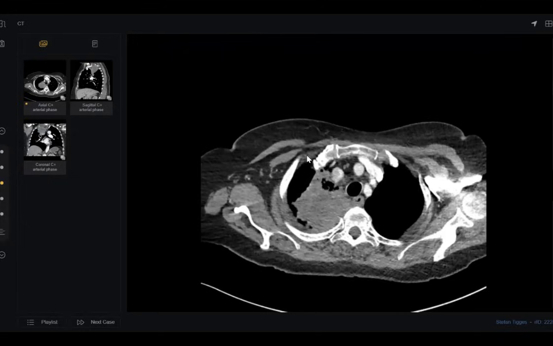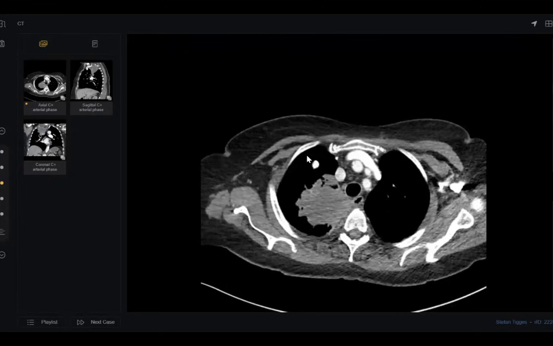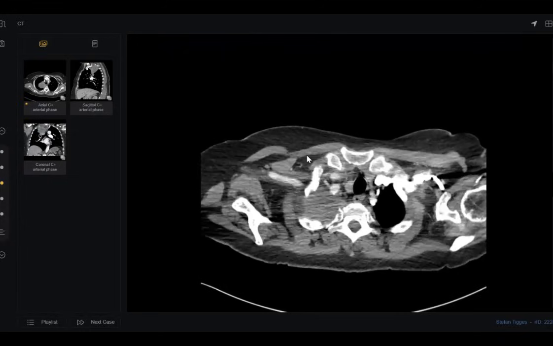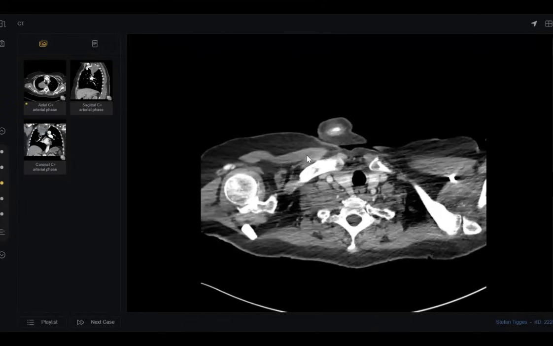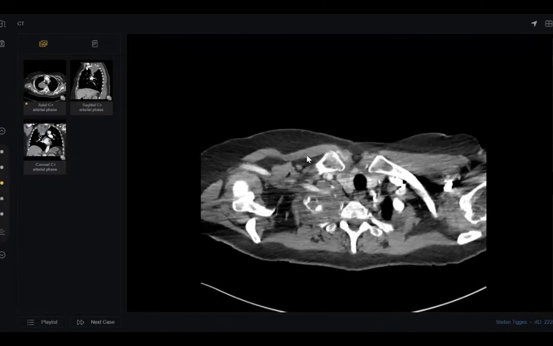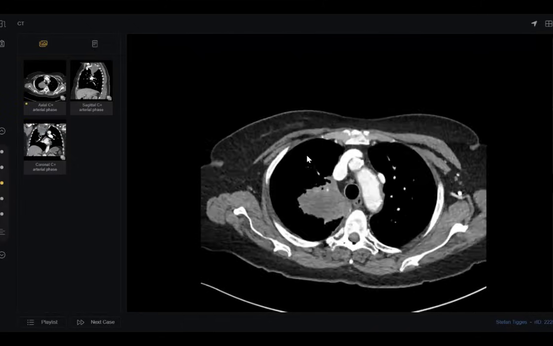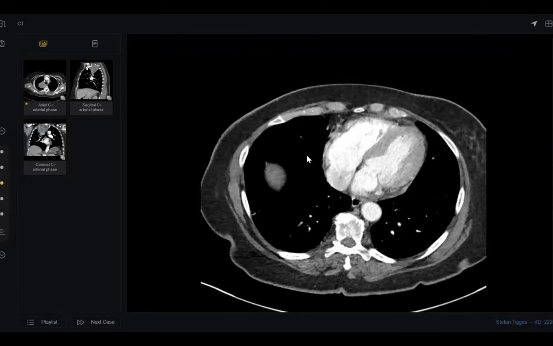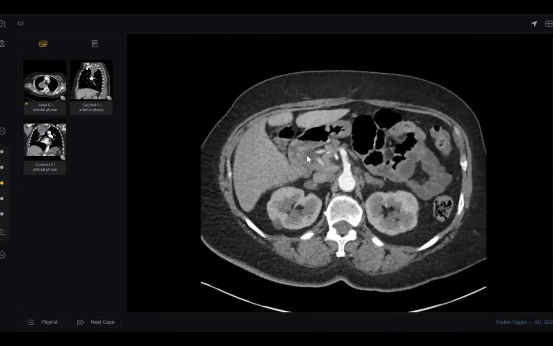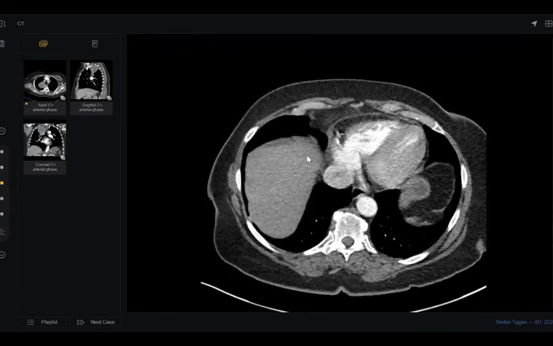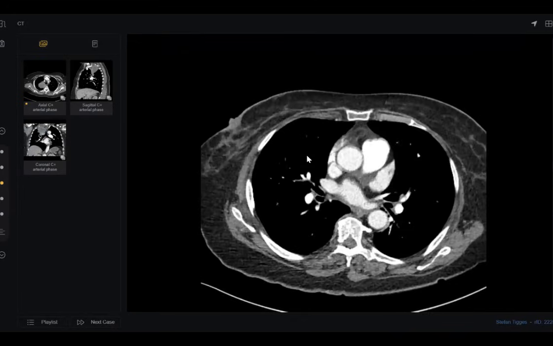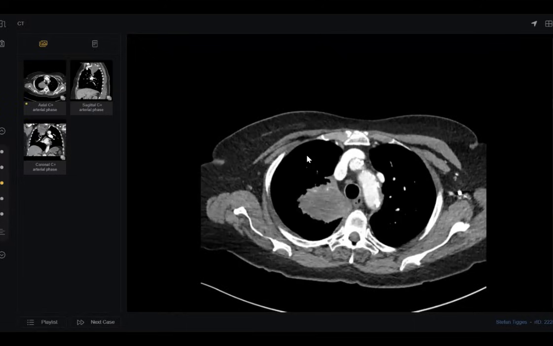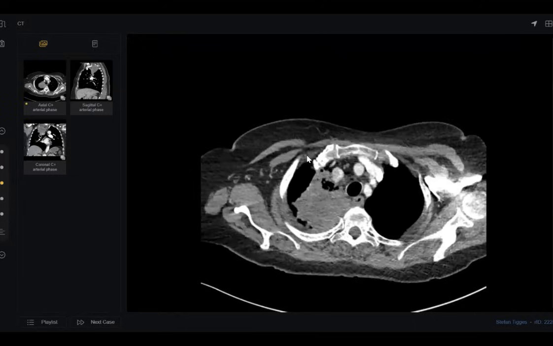Okay, I am presented with axial post-contrast images. I am seeing an enhancing irregular mass with spiculated margins in the right upper zone, right apical region. I'm scrolling through it to the last cut.